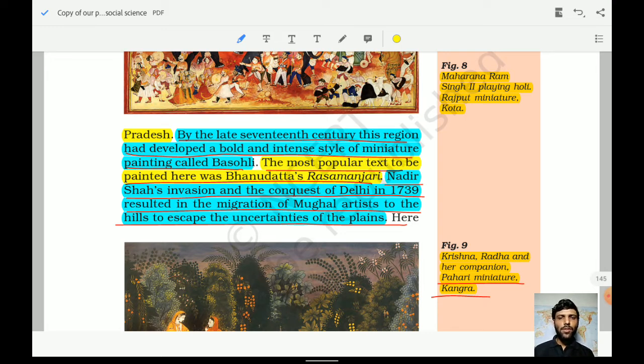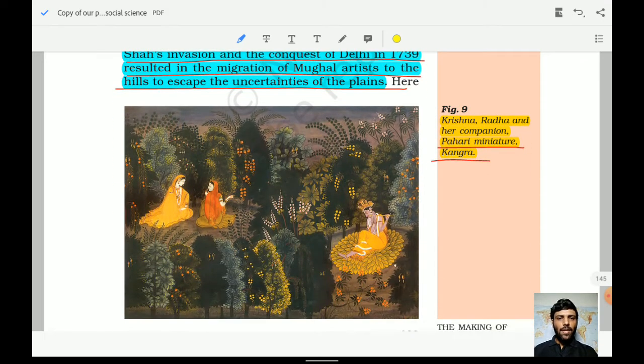So here we are also seeing the migration of these people. Okay, here a beautiful image has been shown of Krishna, Radha and her companion. It is a Pahari miniature of the Kangra School of Art. So we will see that also.